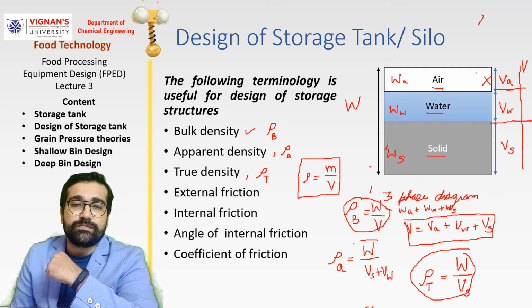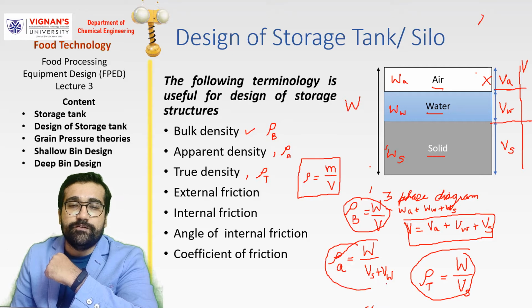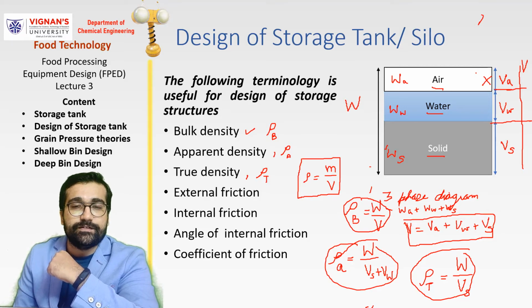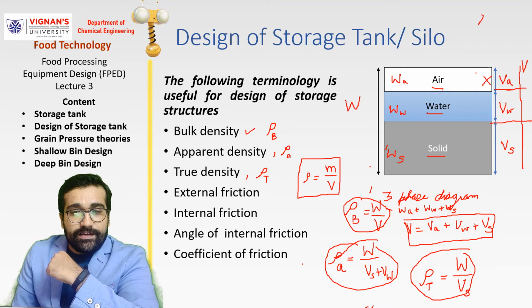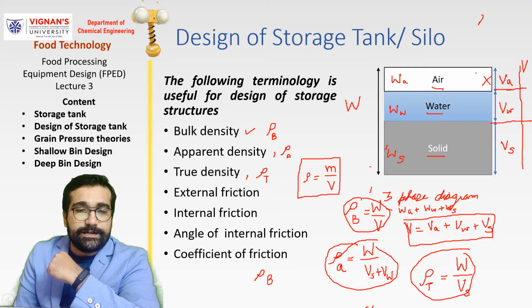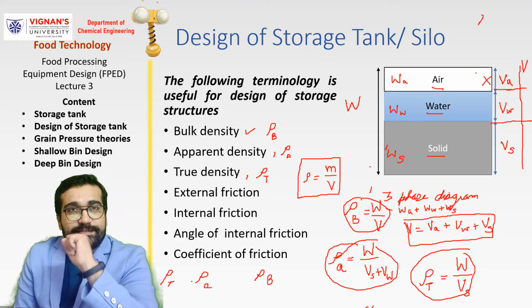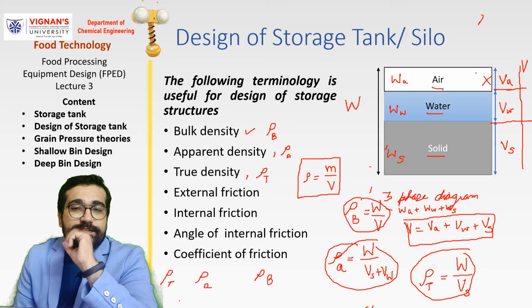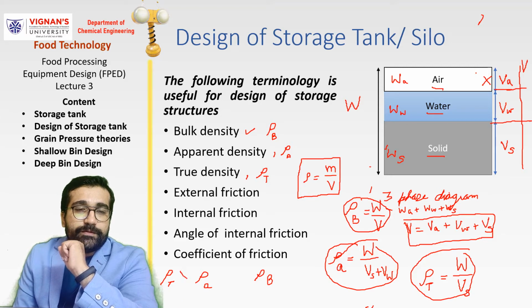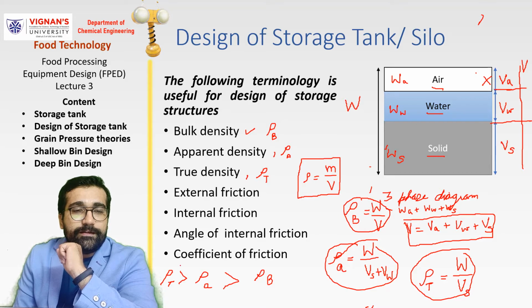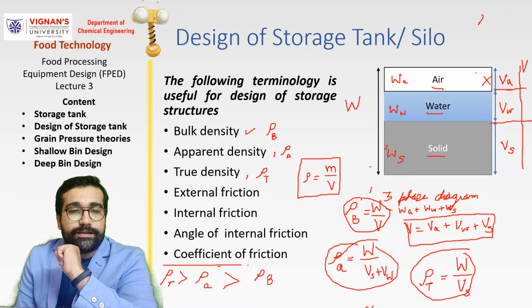Okay, so which one will be the biggest one? Any idea? As our denominator is decreasing, the biggest one will be the true density, then apparent density, then bulk density for one material.